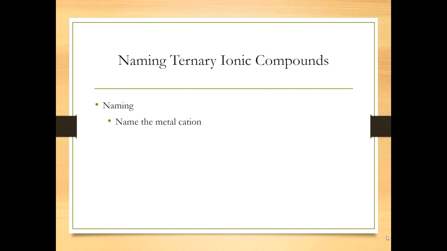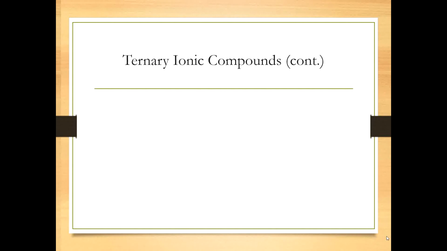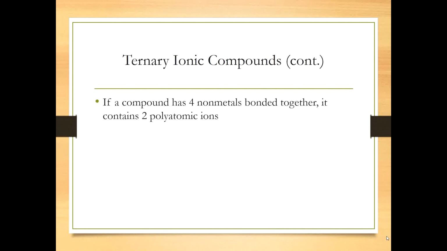So this is just your rules for naming. Name the metal cation, name the polyatomic ion, add a Roman numeral if you need one. Now, if you looked at your polyatomic ion sheet thoroughly, you might have noticed that there is one positive polyatomic ion on that list, and that is ammonium, NH4.